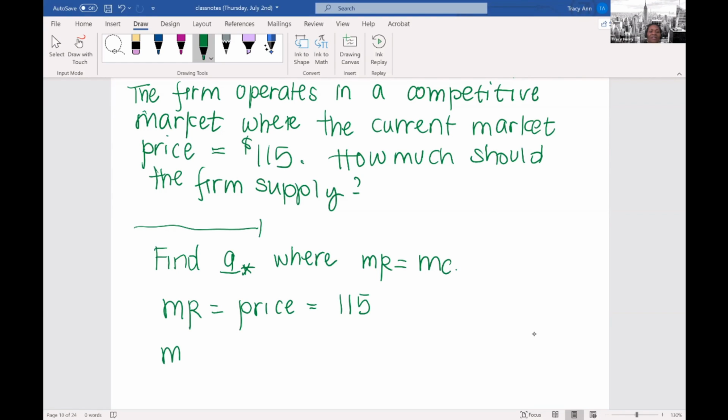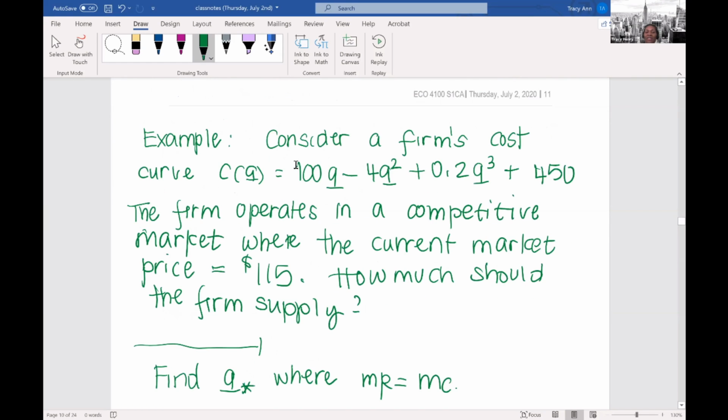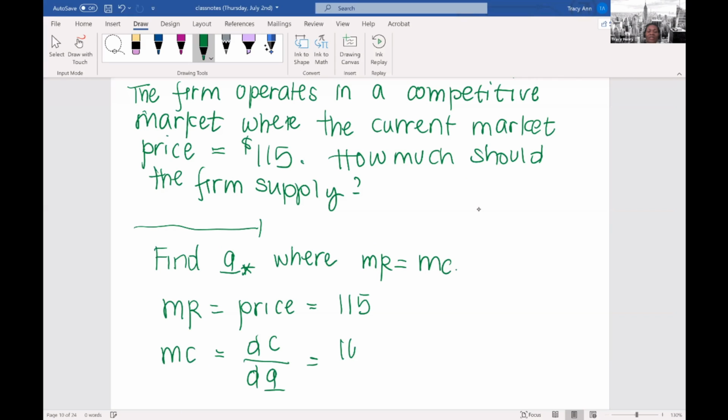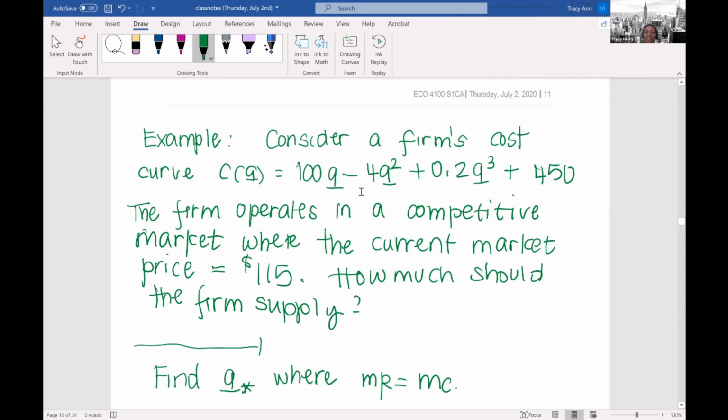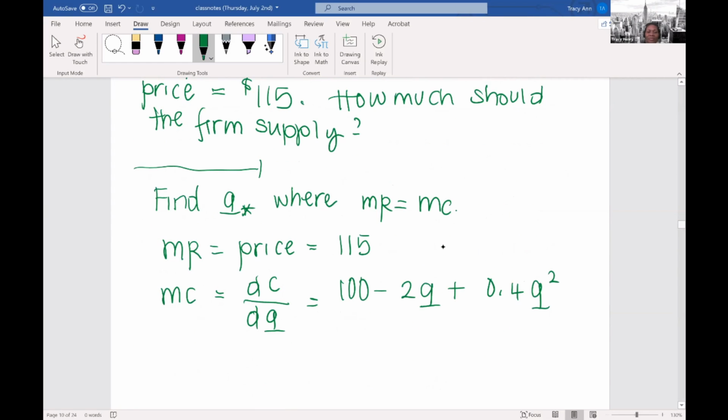And your marginal cost is equal to the derivative of your cost function with respect to quantity, which is equal to 100 minus 8q plus 0.6q squared. Let's look and make sure.